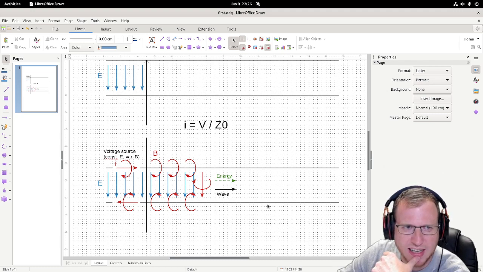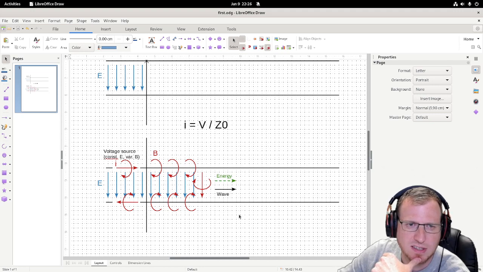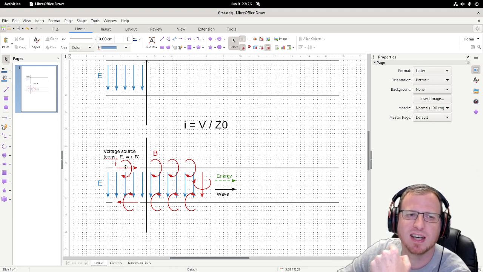this is a very long line, and the information how much current we need cannot be transferred with unlimited velocity. So we just don't know yet how much current is needed on the left side.